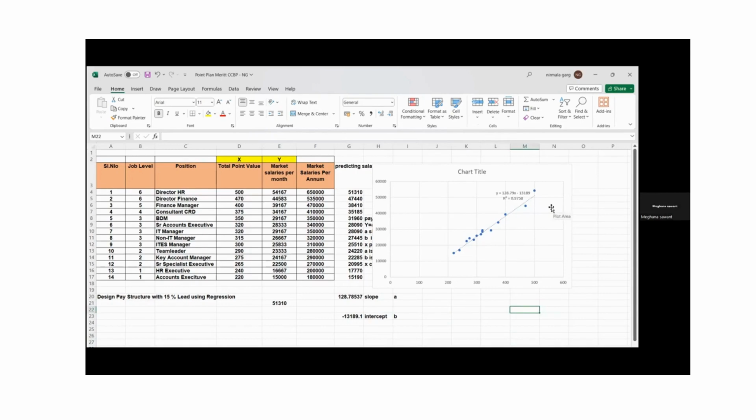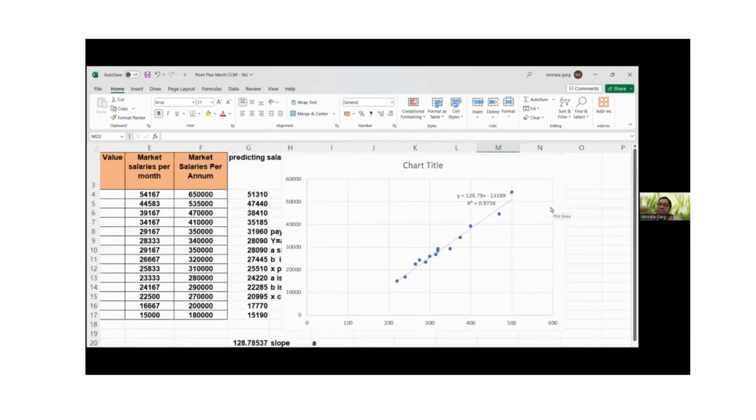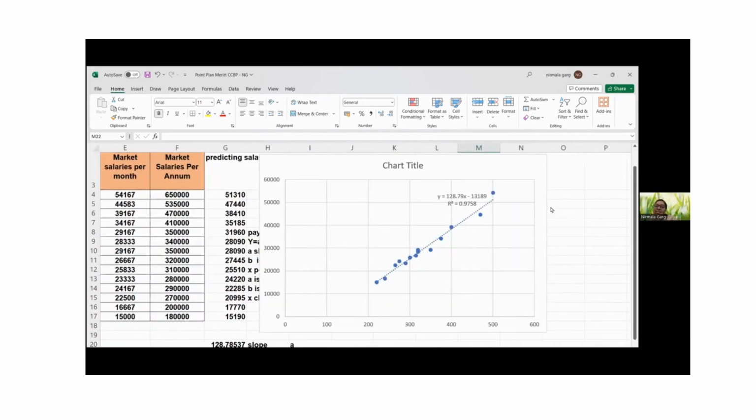I will make it a little bigger. Now, can you see in this equation? What can you see in this equation? When you do this, 128.79, y is equal to Ax minus this.